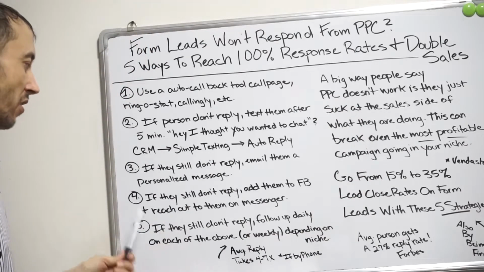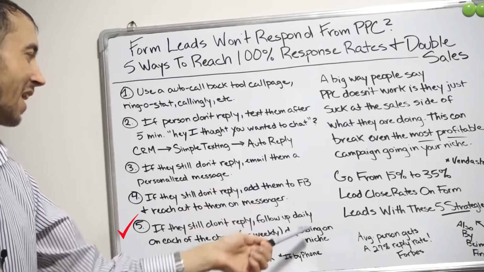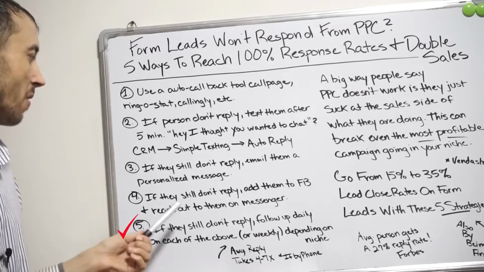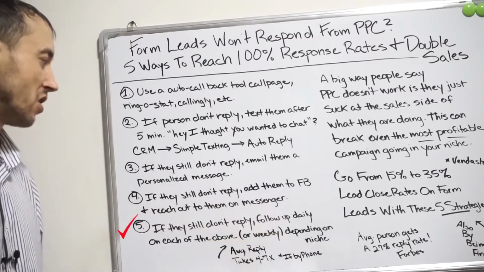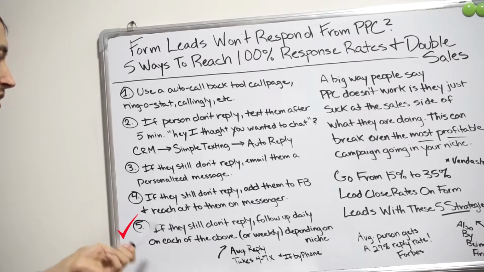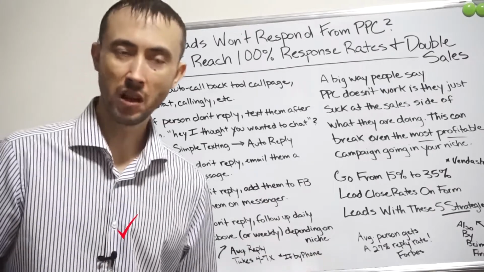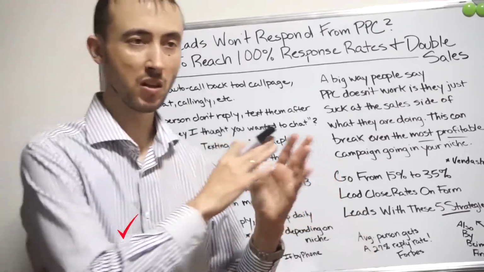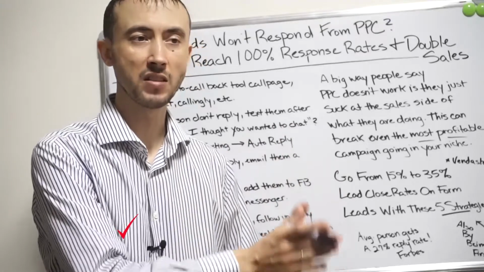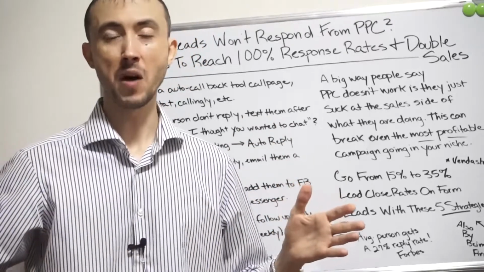With that said, number 5, if you still don't get a reply, follow up daily on each of the above, or weekly, depending on your niche. So when I say that, if you're talking about something where the sales cycle is going to be less than 30 days, meaning the time in which somebody goes from the starting of the sales process where they're saying, I'm going to buy something soon, to the time they actually usually buy it on average.